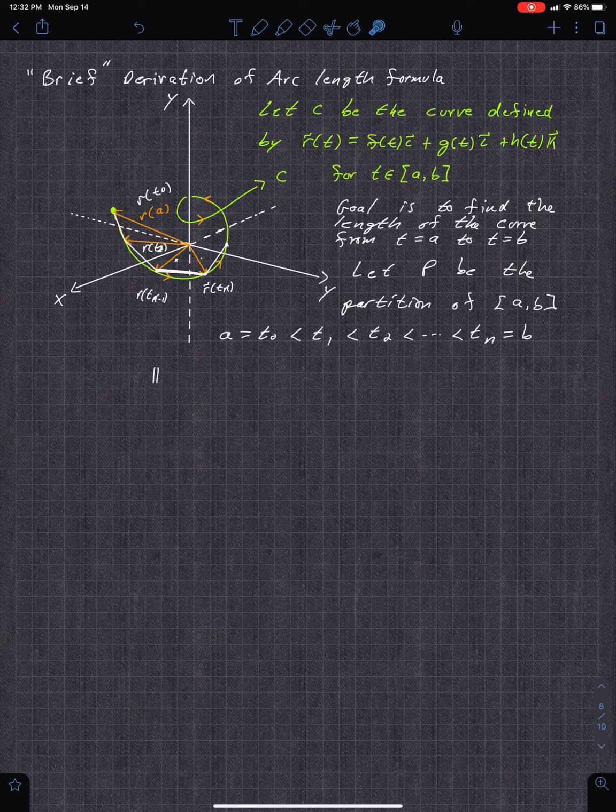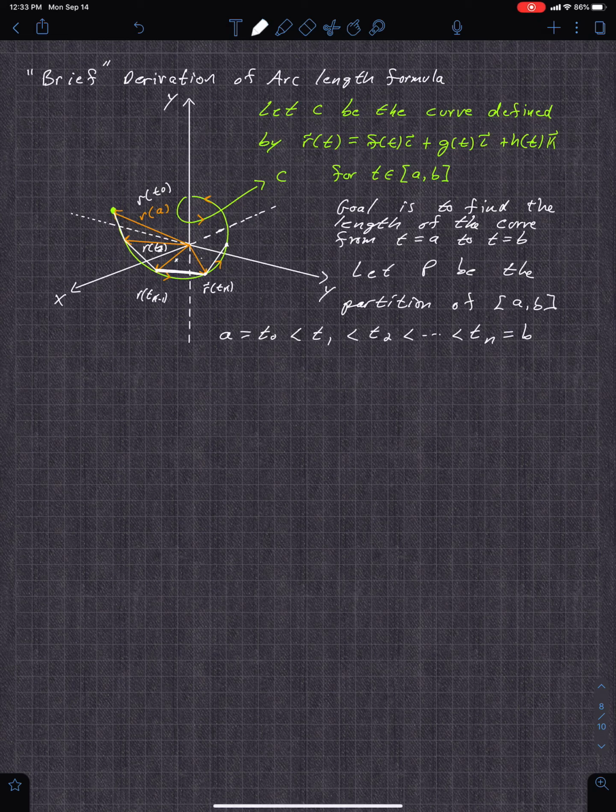We would say let C be the curve defined by f of t i plus g of t j plus h of t k, for t in [a, b]. Then our goal is to find the length of the curve from a to b. This is how we always start these things.